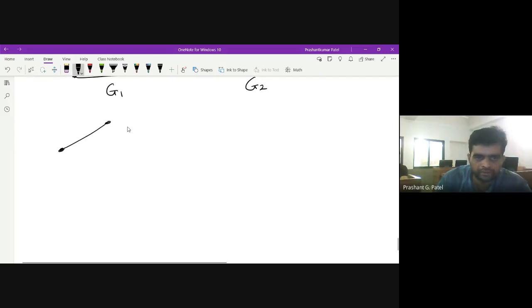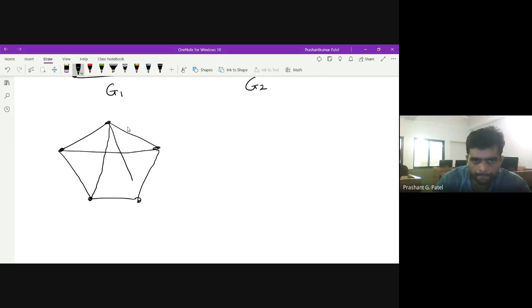So let's say this. Here there are two vertices. And this is also joined. So I'll say this is G3. Can you say this G3 is a planar graph? It is not a plane graph because its edges are intersecting here and here and here.